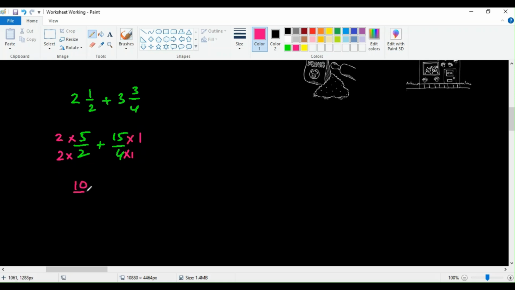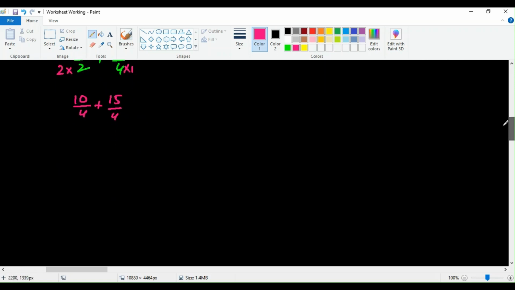This gives us 10 over 4 plus 15 over 4. Since now the denominators are the same, we write it just one time, and 10 plus 15 is going to give us 25 over 4. That means this is going to give us 6 whole 1 over 4 you will be needing.